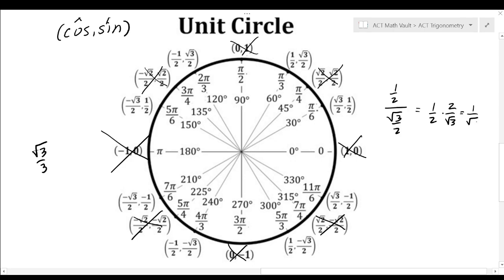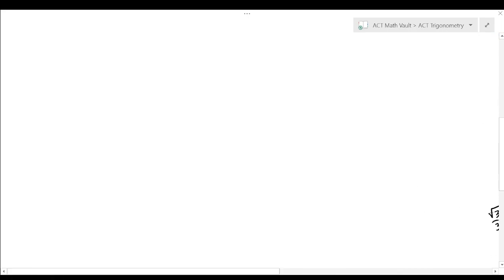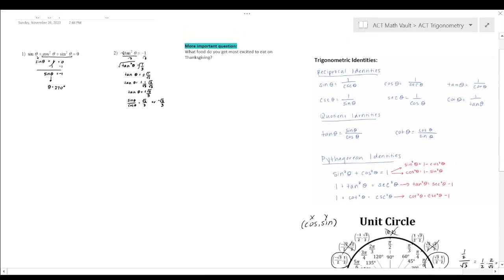And hey, there's that 1 over root 3 again. So I will end up getting that root 3 over 3 here, here, here, and here. So my answers must be 30, 150, 210, and 330.